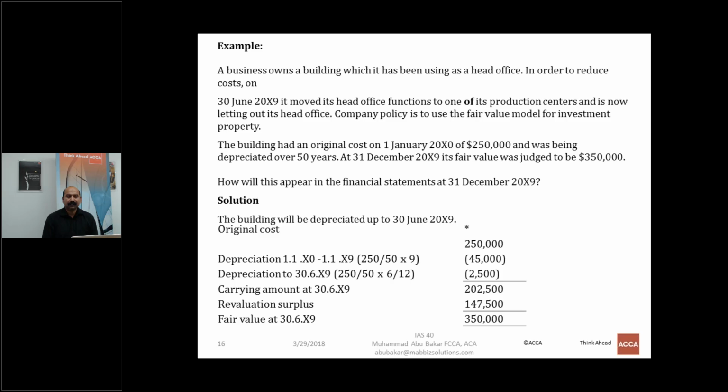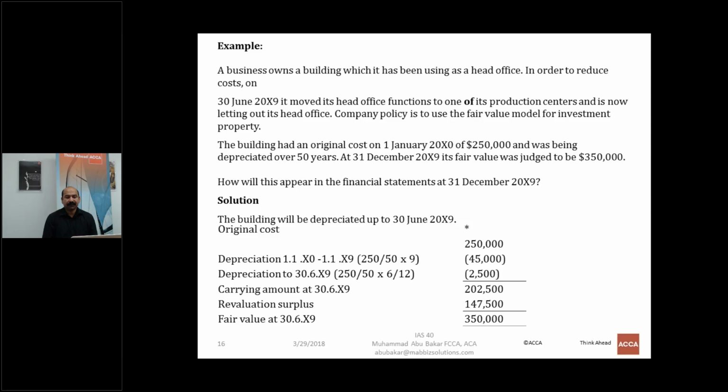Company policy is to use the fair value model for investment property. The building had an original cost on 1st January 2010 of 250,000 and was being depreciated over 50 years.